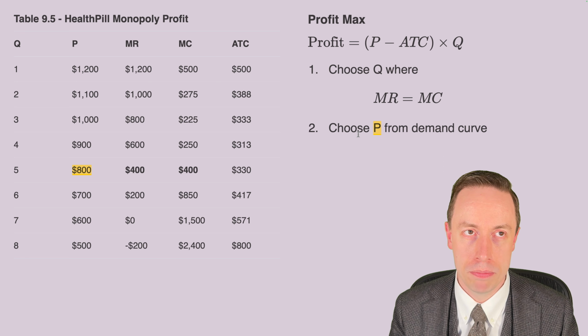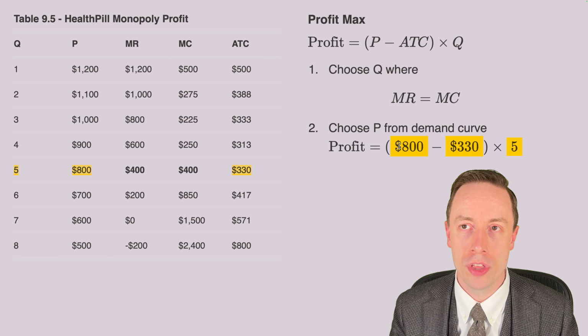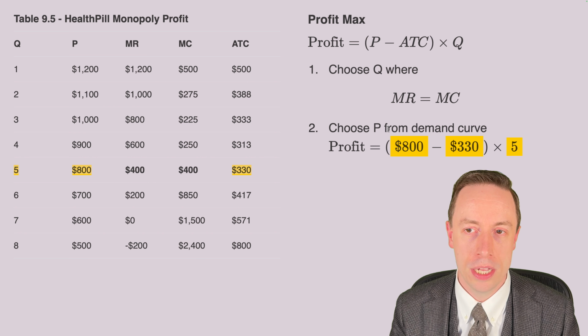So let's go ahead and plug that into our profit formula. On a per unit level, profit is price minus average total cost times quantity. We want to find the price. We found the price. The price is $800. We're going to go ahead and combine that with average total cost, $330. And after taking this difference here, multiplying it by the quantity, 5 units.